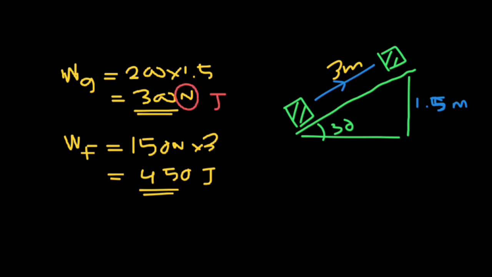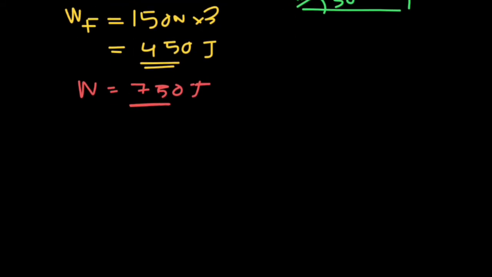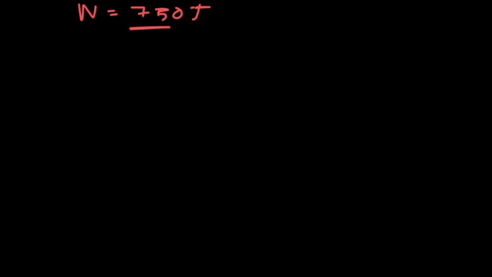Then the total work done is the sum of them, that's 750 joules. So if you have the idea clear, without writing any equation, you will be able to calculate this mentally too. So far we didn't have any questions like this asking for the work done against gravity only. Okay, so we can expect it in our future papers. So having this idea is very important, according to me.